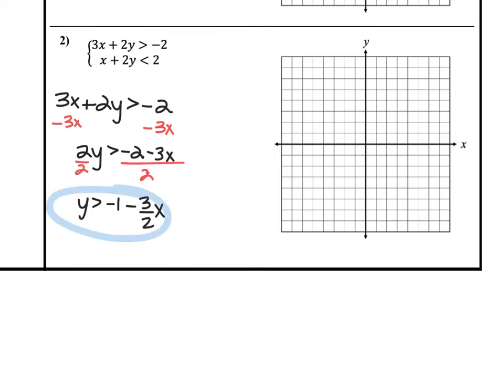Starts at -1, and goes down 3 over 2. Does not have that line underneath, it's just greater than, so it's going to be dashed. And because it's greater than, we are going to shade above the line.